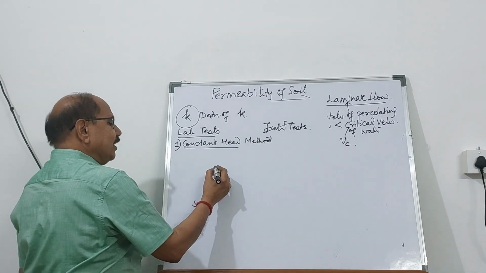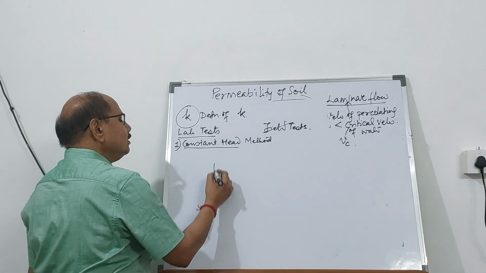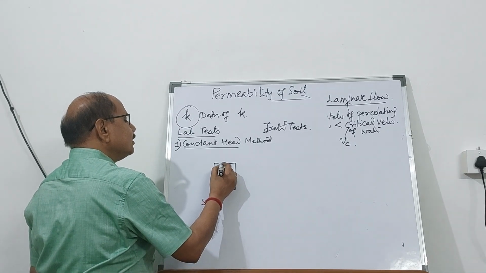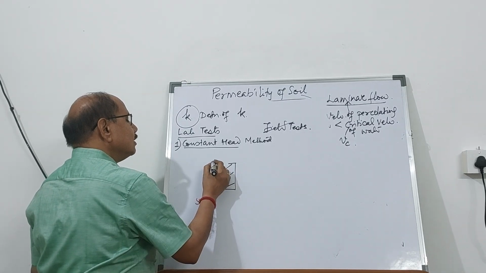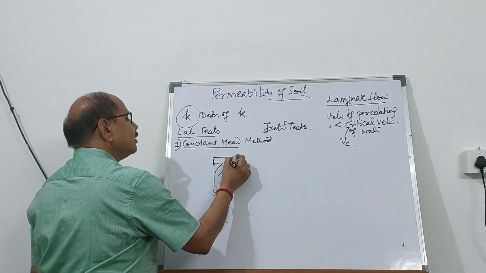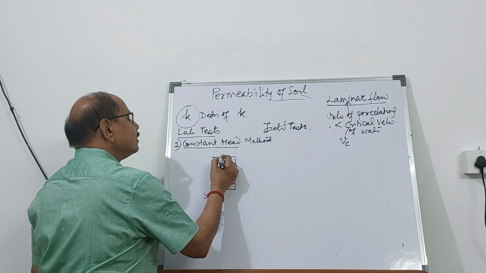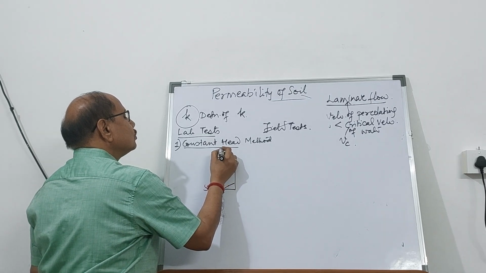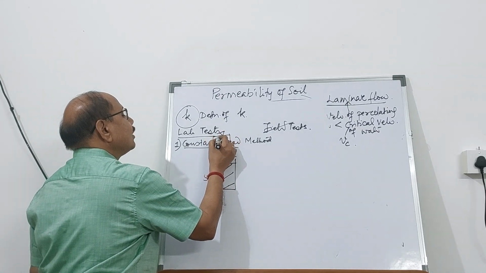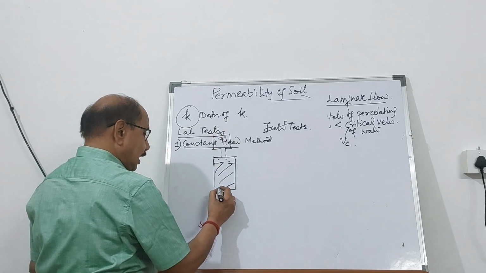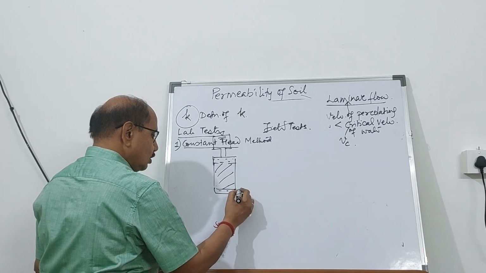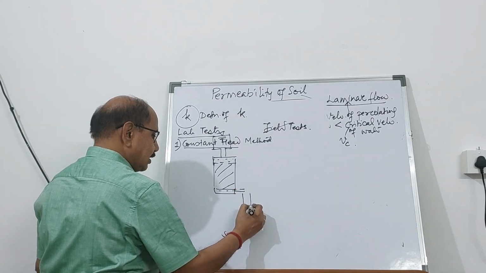In constant head method, over the soil sample, which is taken in the permeameter, you are maintaining a constant head of water. So you have an overhead tank and you maintain a constant head, and the water is allowed to come out and collected in a jar.